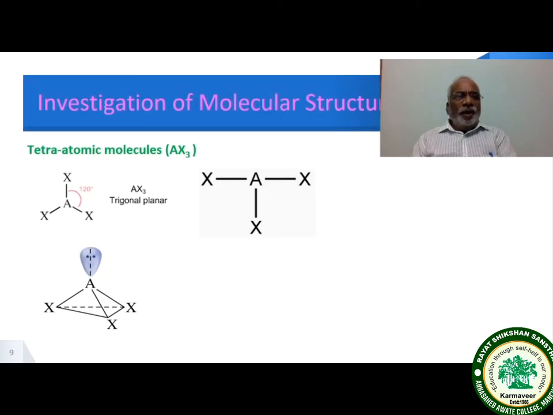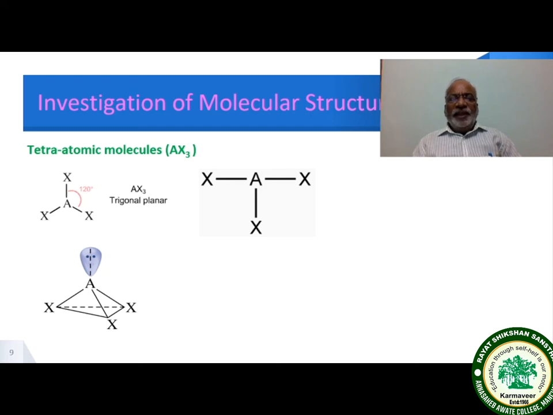The other molecules we consider are AX3 type, tetraatomic molecules. Again, here are three possible structures. One is trigonal planar, meaning 3 X and 1 A are all in one and the same plane. In trigonal planar, the angle between X-A-X is 120 degrees.